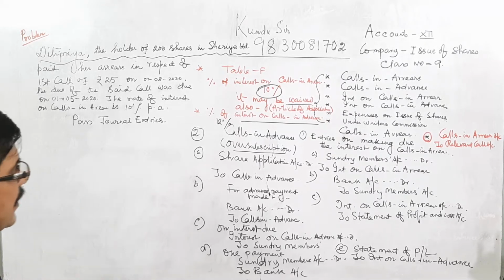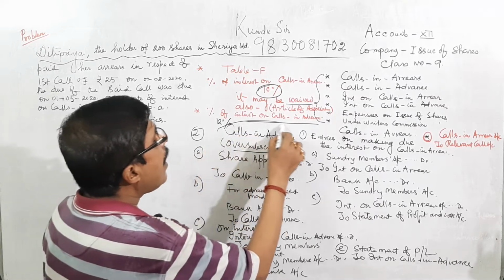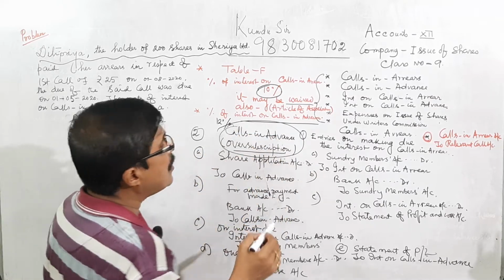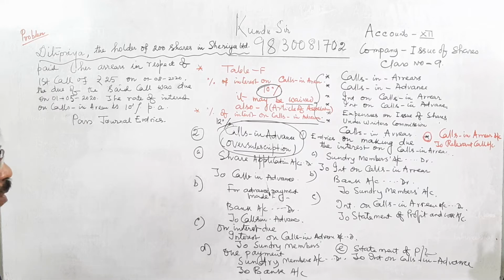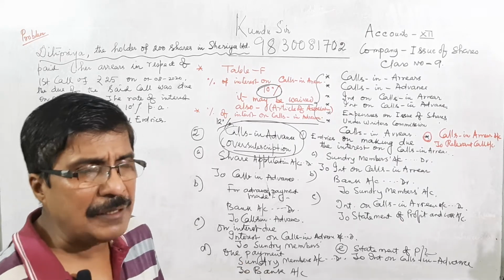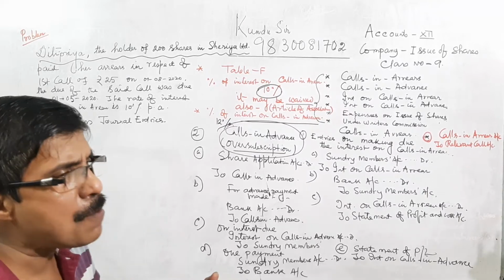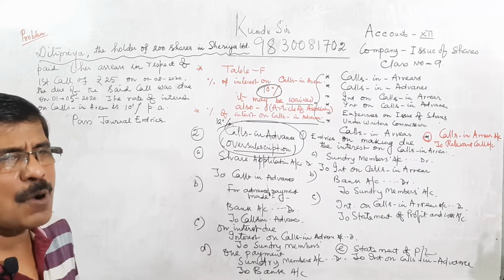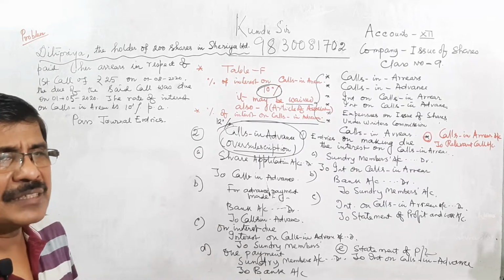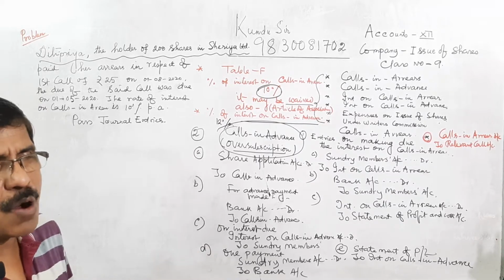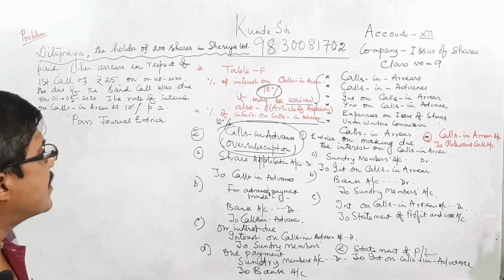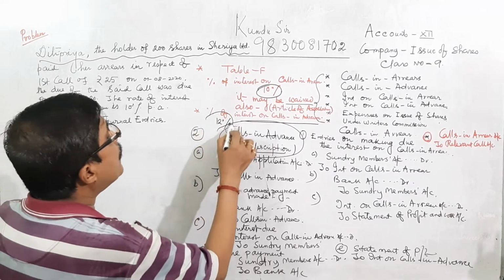Then the first entry may happen for calls in advance for oversubscription, or when any member makes the entire payment. Suppose first call and final call, at the time of allotment, the entire amount is paid in advance, and the amount paid in advance will get interest at the rate of 12%.